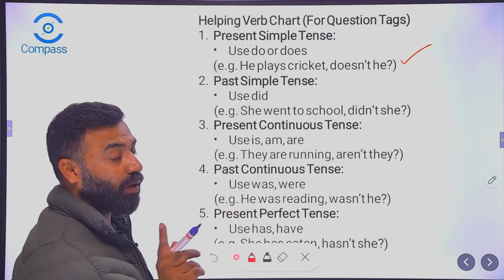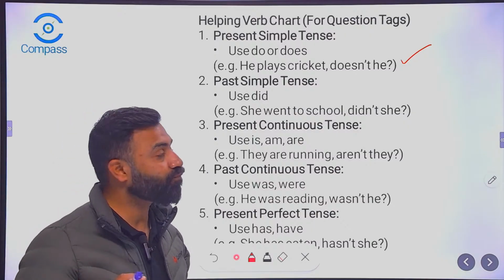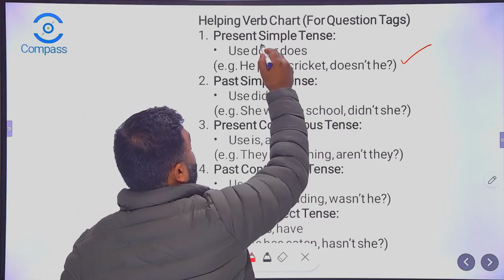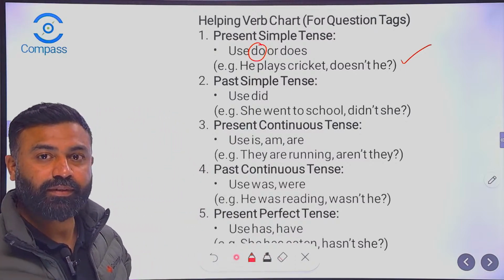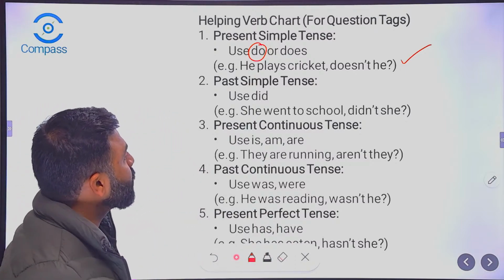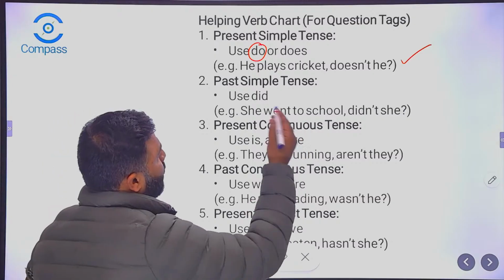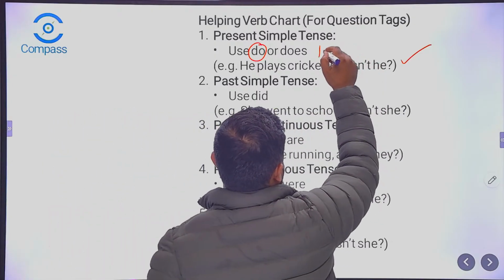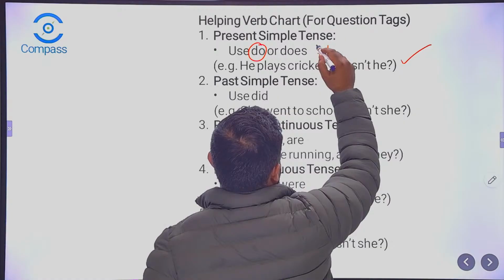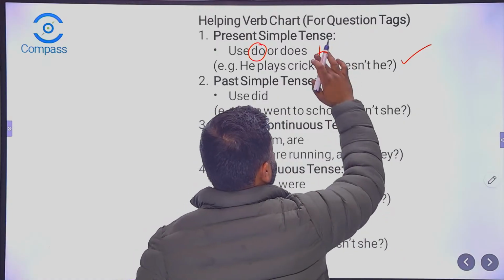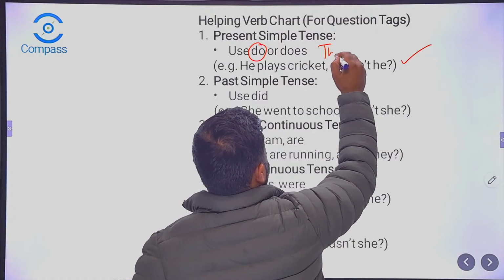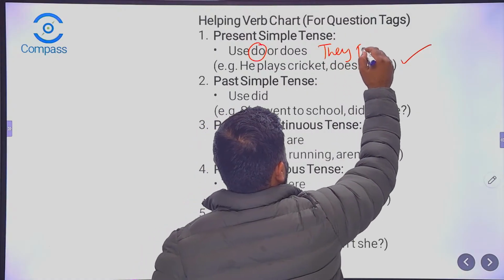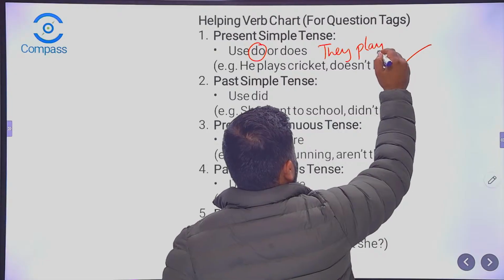And I also gave you one more example having a question tag with do. Let me write down an example. They play cricket.